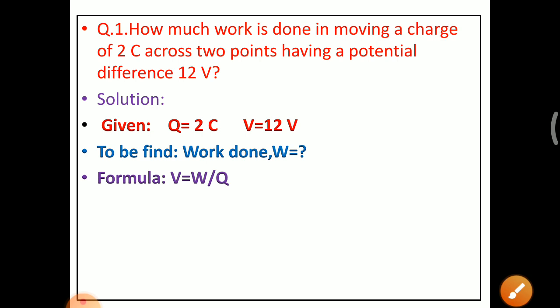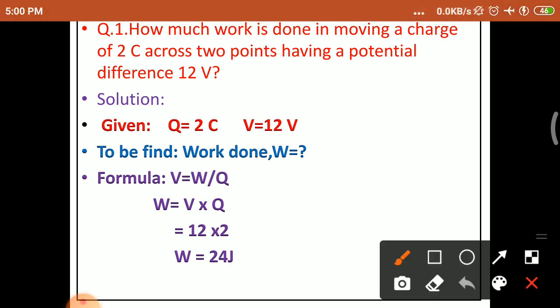The formula we know is V equals W by Q. From this, W equals V into Q. The value of V is 12 and the value of Q is 2. When I multiplied 12 into 2, I got 24. The SI unit of work done is joule, so I wrote 24 joule.